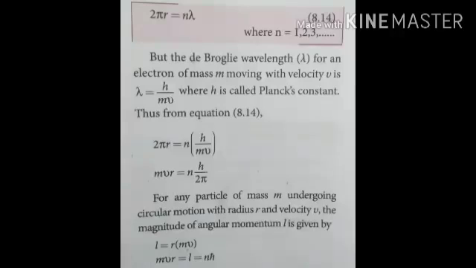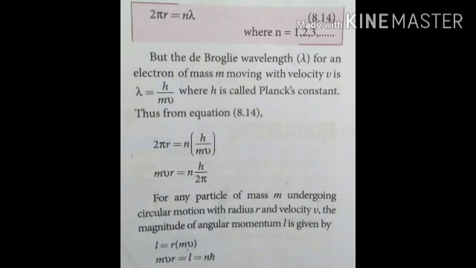According to quantum mechanics, we know particles like electrons have a dual nature. So the circumference of the electron's orbit with radius r must be an integral multiple of the de Broglie wavelength. That means 2 pi r is equal to n lambda, where n is the integer and lambda is the wavelength.